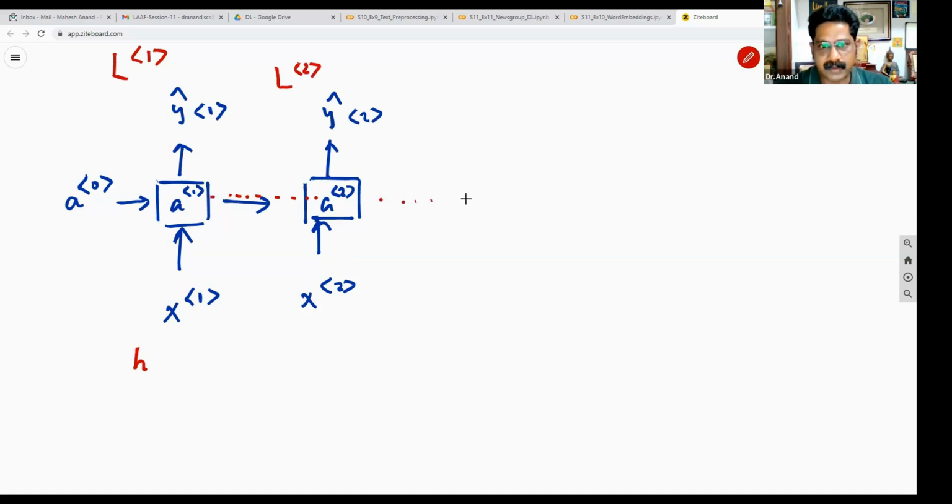In the same manner, we can go till the last token. The last token we generally represent as Tx. Capital T is generally used as a notation to represent the length of your input sequence. So this is Y cap Ty.